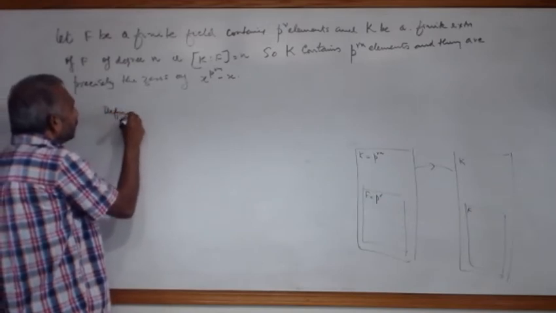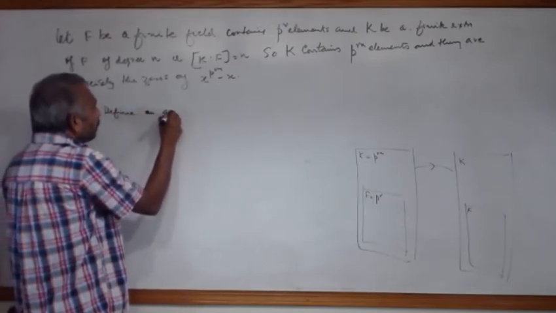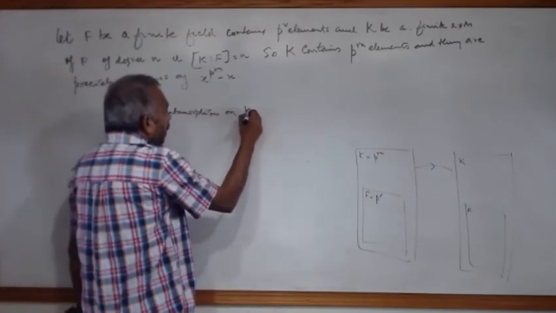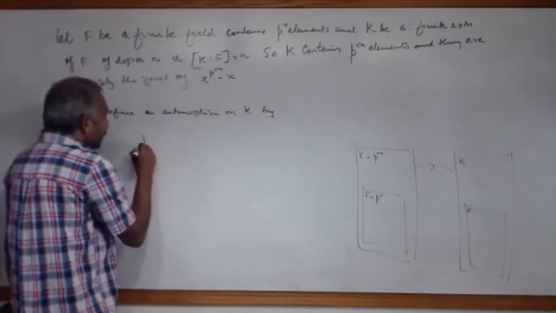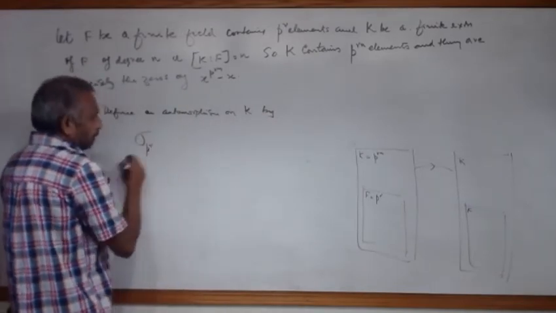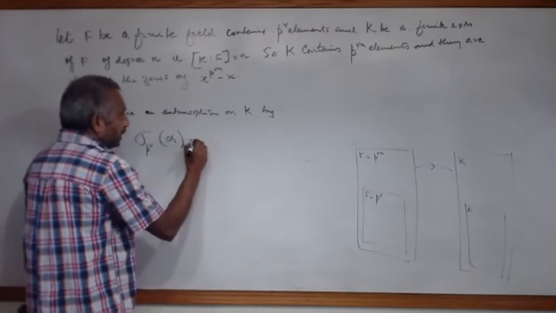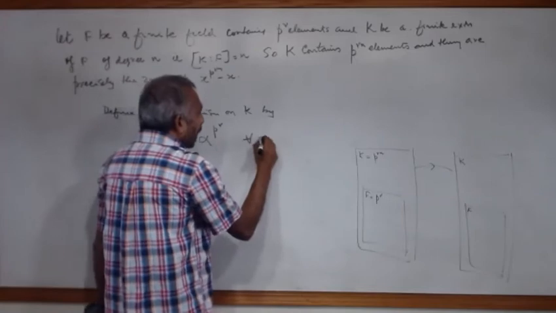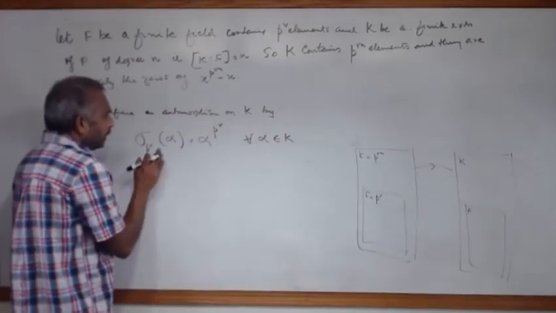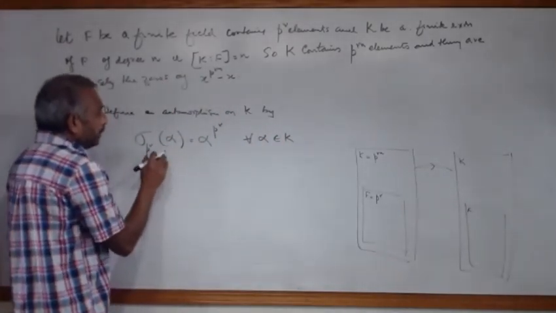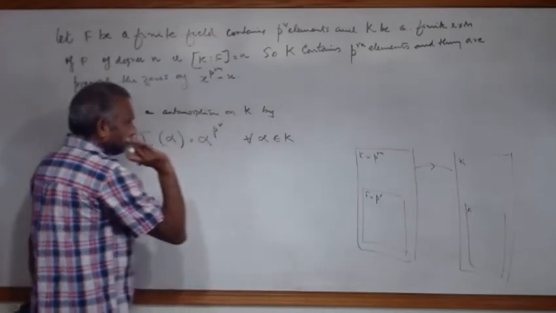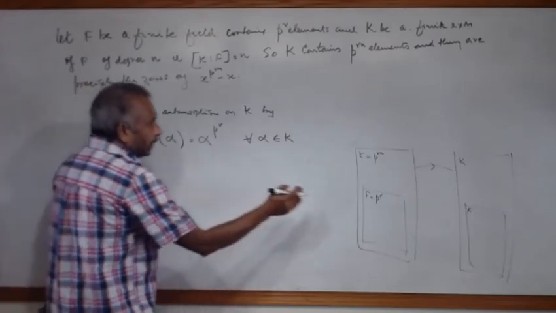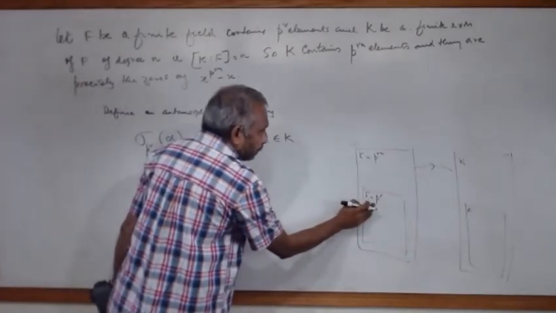Define an automorphism on K by sigma p^r of alpha is equal to alpha to the power of p to the power of r for all alpha in K. So this definitely leaves F fixed, no problem, because the order of F is p to the power of r.